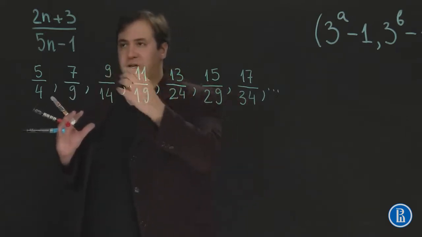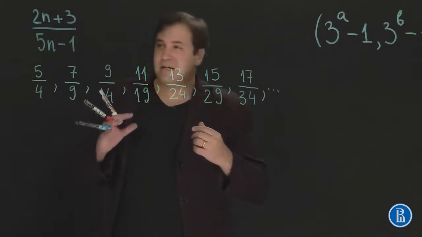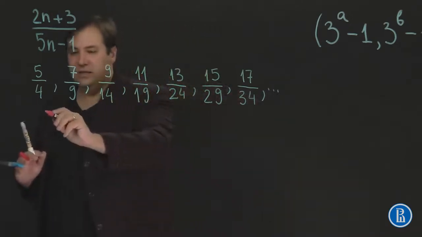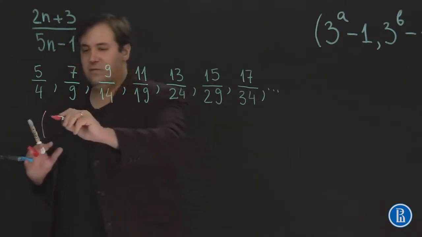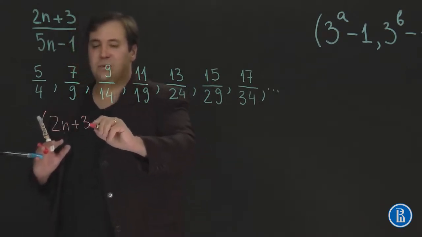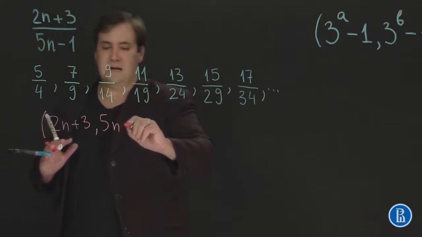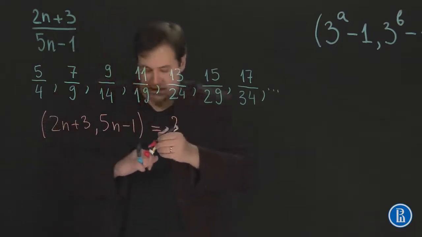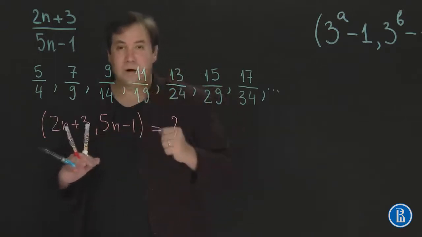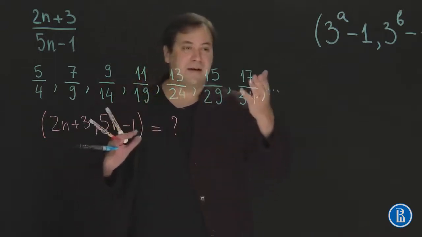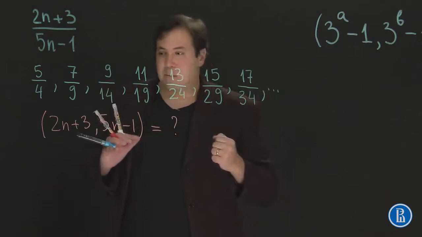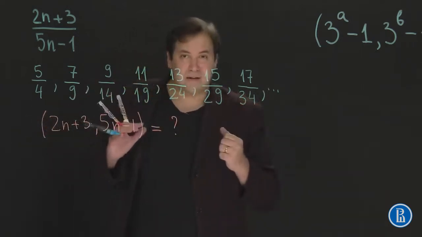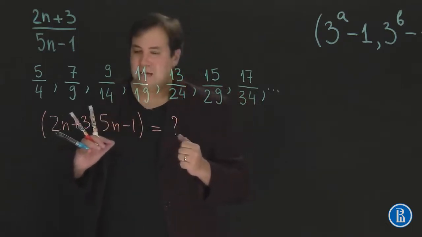In other words, what could the greatest common divisor of 2n plus 3 and 5n minus 1 be equal to? Well, we see that it can be equal to 1. We see that it can be equal to 17. But what are all possible values of the greatest common divisor?